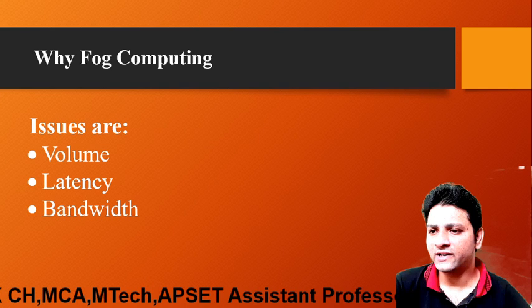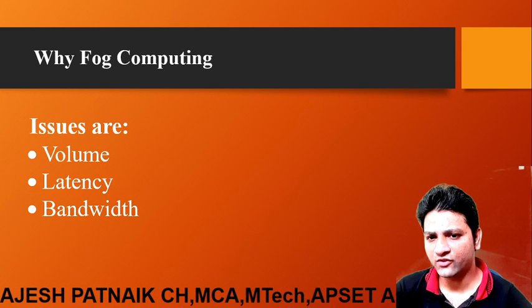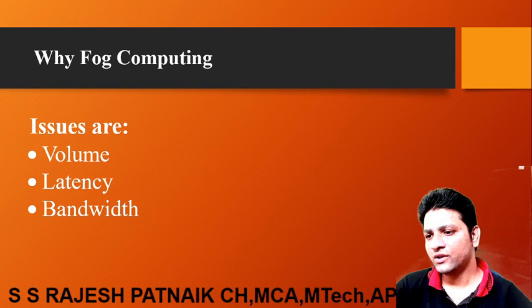We subscribe with a request and get the response to publish the data. In a network, that takes some time. So bandwidth is also one of the issues in cloud computing. With fog, the bandwidth in the network will be reduced.